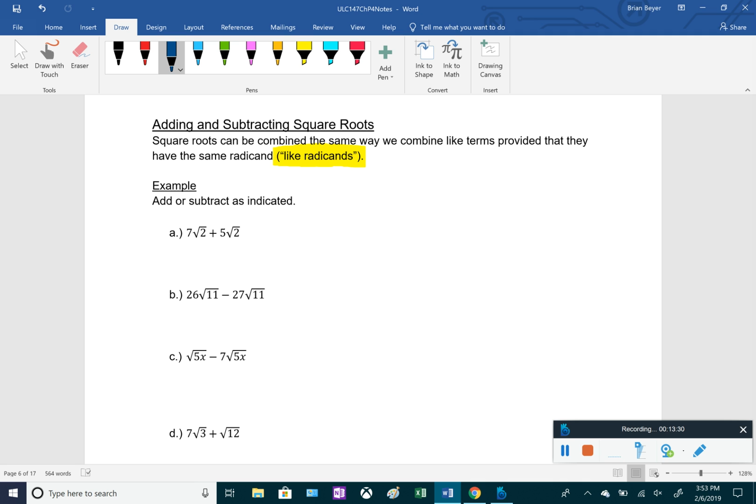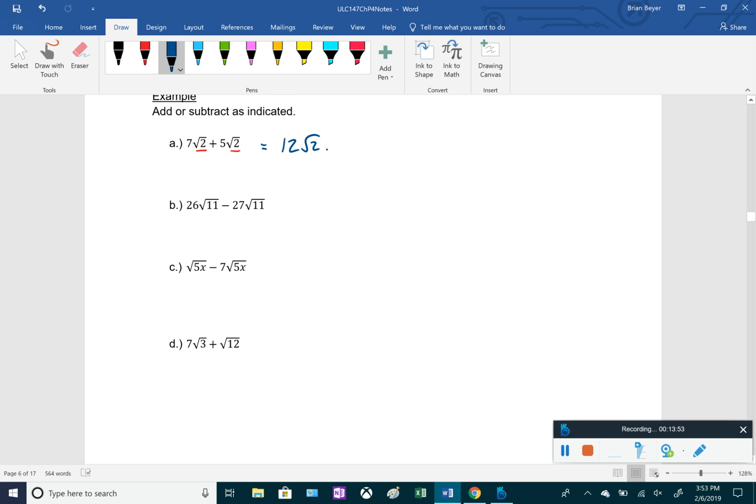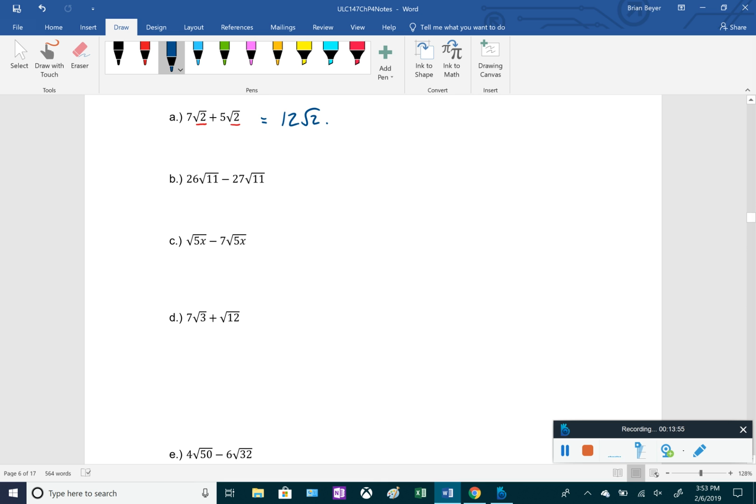So let's do some examples here. Add the first one, 7 radical 2 plus 5 radical 2. So they already do have like radicands. They're both radical 2, so we can combine them into one. So all this is going to be is just like if this was 7x plus 5x, it would be 12x. This is going to be 12 radical 2. Next one, 26 radical 11 minus 27 radical 11.